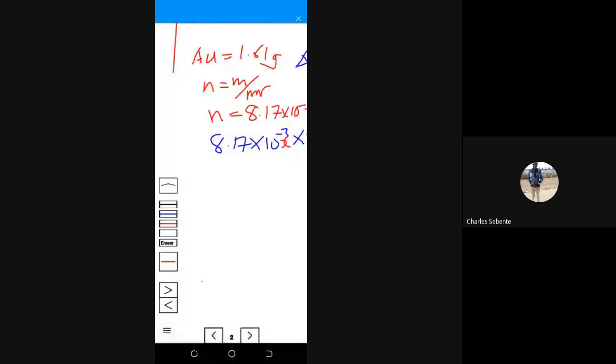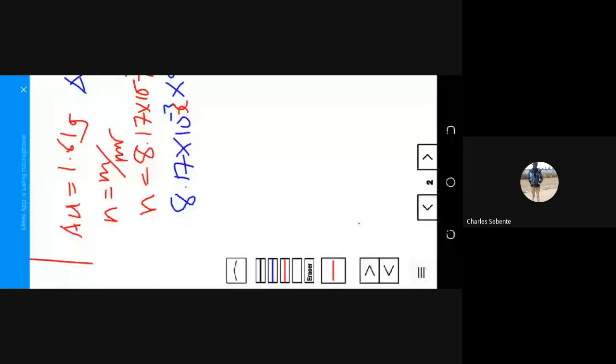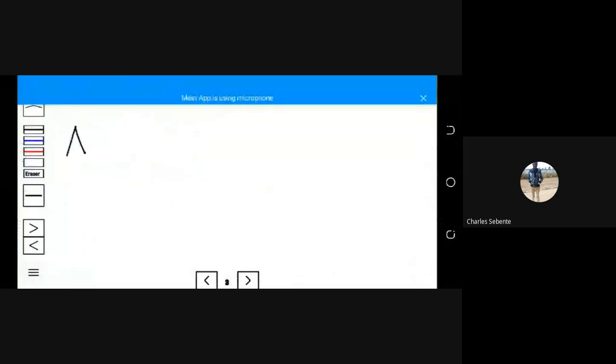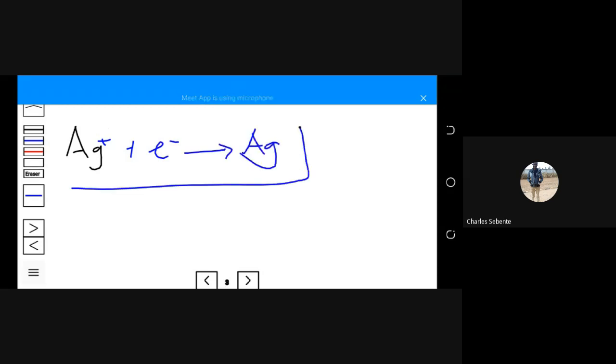So you simply write the balanced half reaction of that particular reaction, in this case for silver or whatsoever that you are finding, and you use those coefficients of the balanced reaction as your mole to mole ratios, and those are the ones that help you to find the number of moles of electrons or silver, either way.